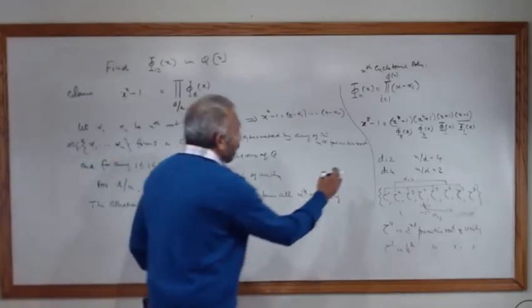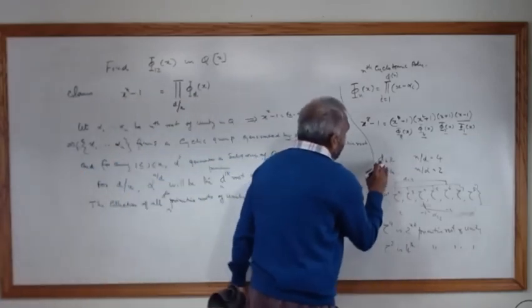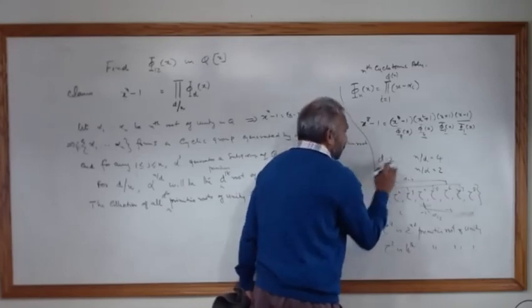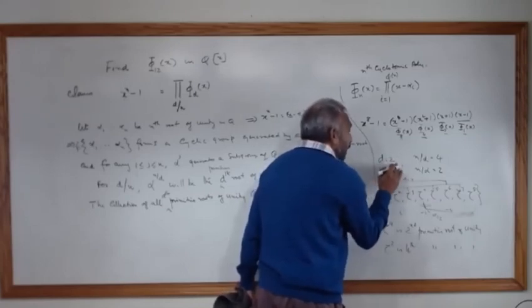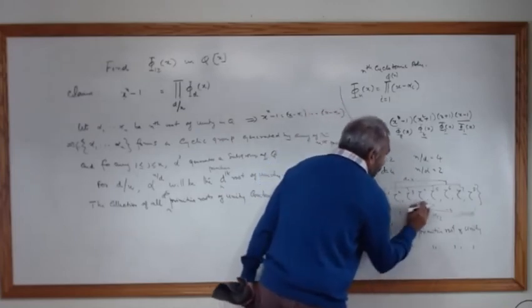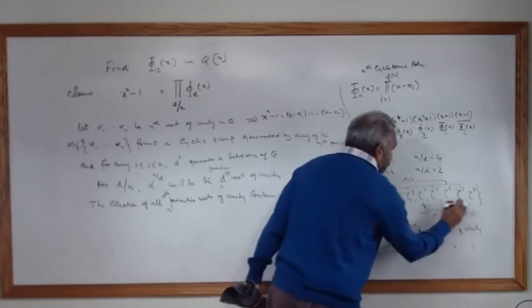So if you collect all this stuff, when you take all the primitive dth roots where d divides n, you are going to run through all these zeros.